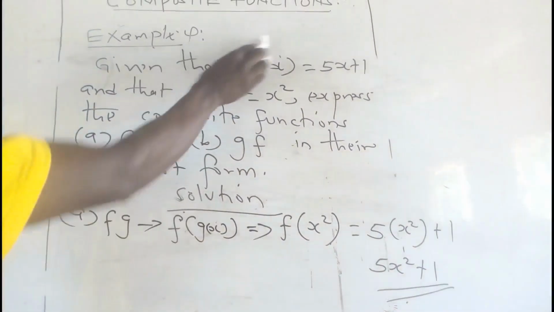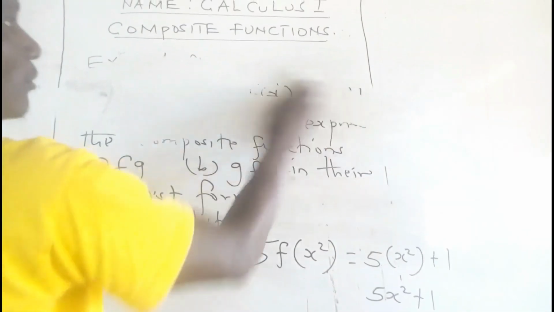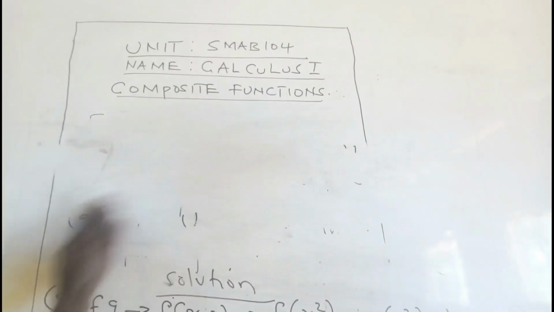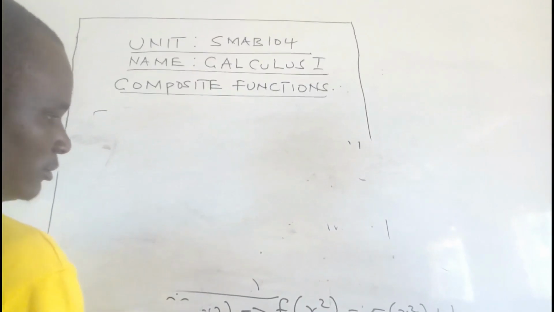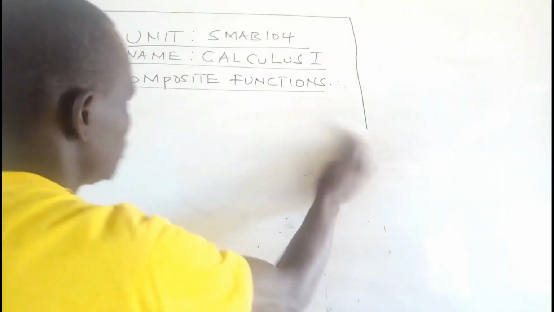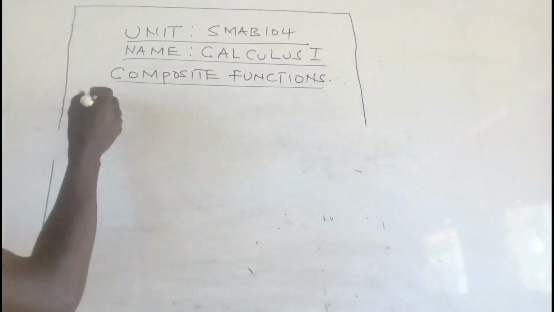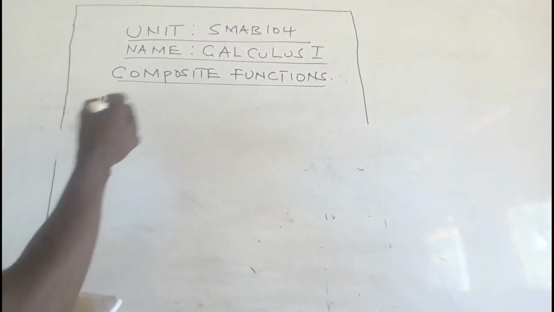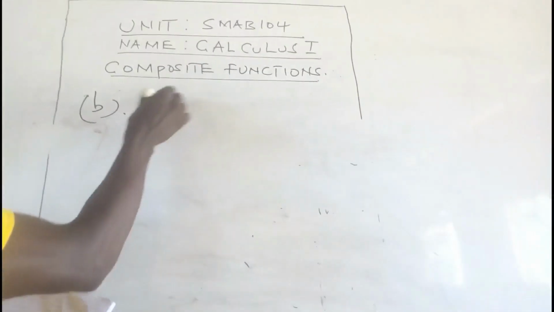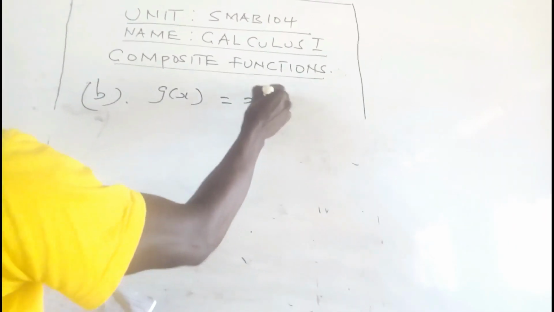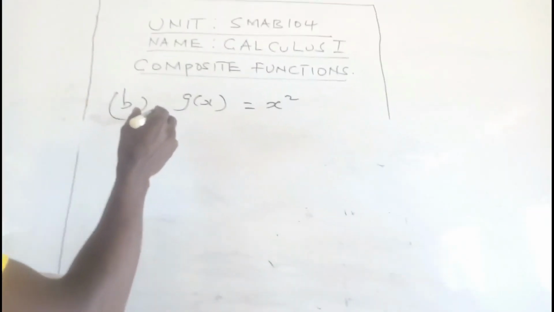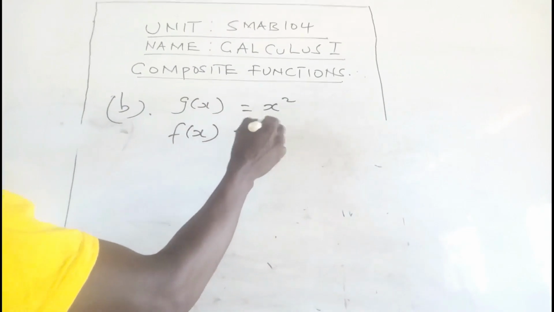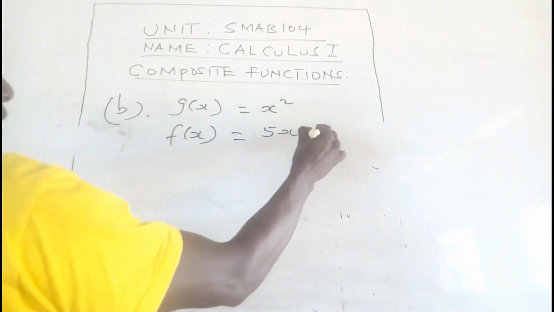Then for part B, remember we had our g of x as x squared, and we also had our f of x as 5x plus 1.